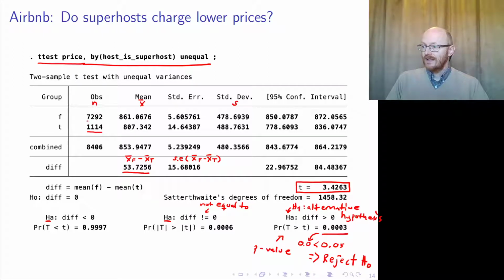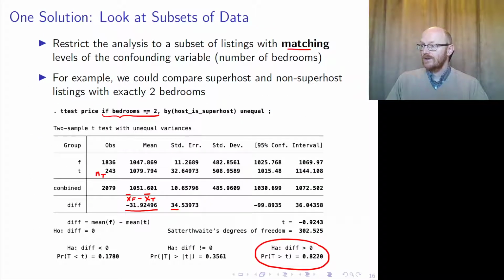And in the whole data set, we had 7,292 non-superhost entries, whereas if we only look at the data slice with only 2 bedrooms, then we are left with only 1,836.